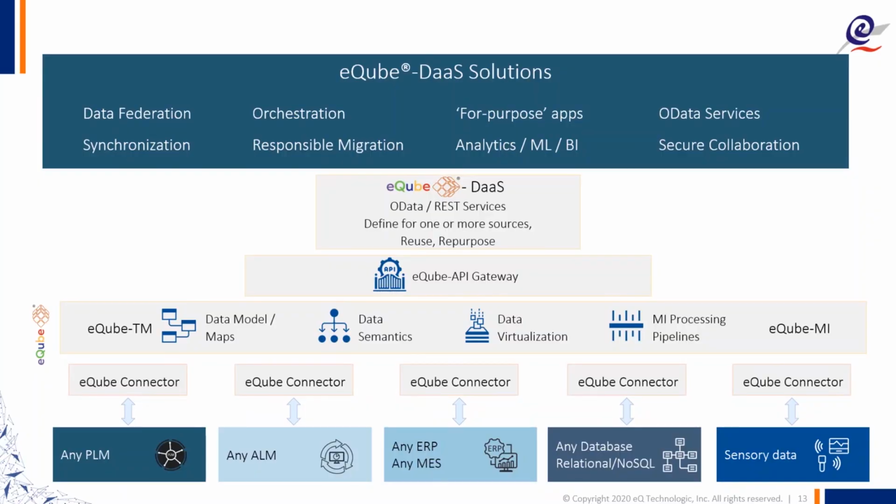But I wanted to impress upon you that the platform is capable of doing multitudes of these solutions, including federation, orchestrations, including analytics, BI, secure collaboration, and so on. Because of this combined capability, we are able to accelerate your process optimization throughout your business, take you to accelerating your digital transformation.